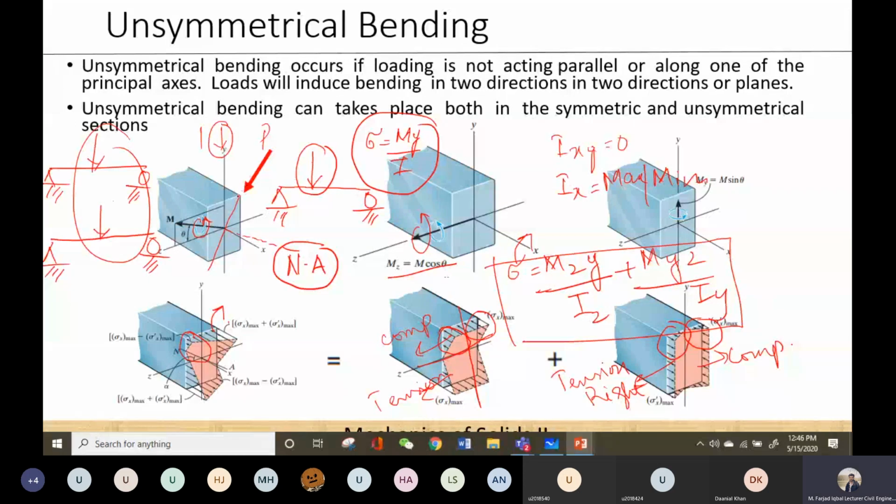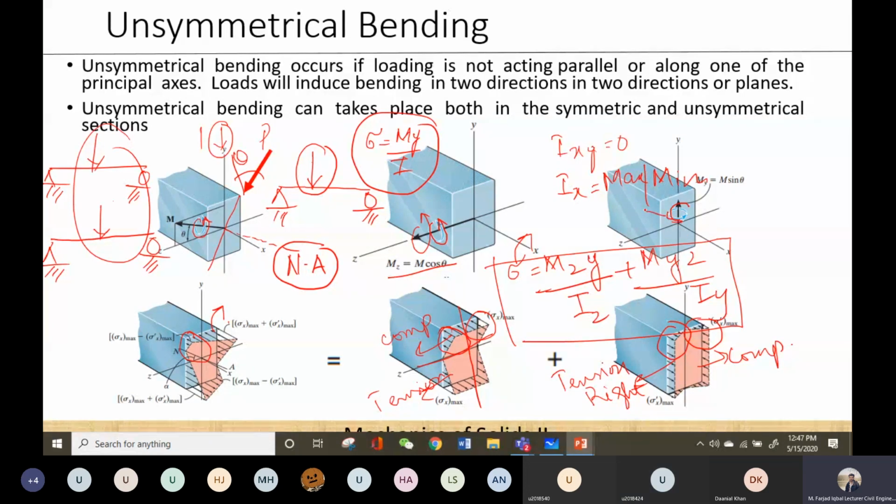So actually, as you can see, in this case, when the load was acting at an inclination to this symmetrical section, for example at this angle theta, then the neutral axis does not coincide with the plane of loading. What does that mean? This load will produce bending around this z-axis and bending around this y-axis. So my neutral axis will be at some inclination, let's call it alpha, due to both of these moments.